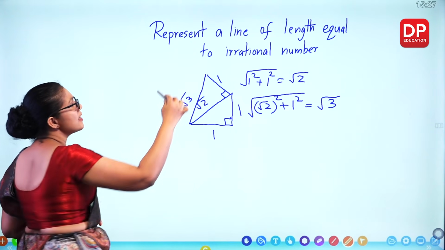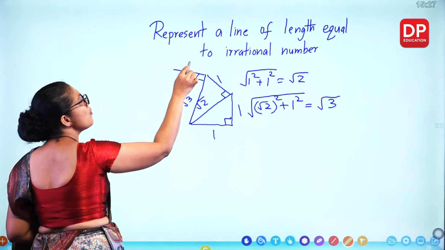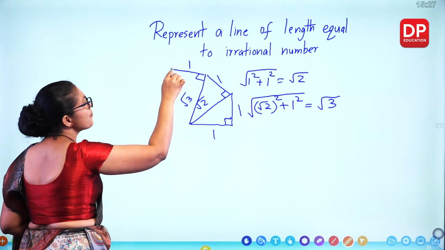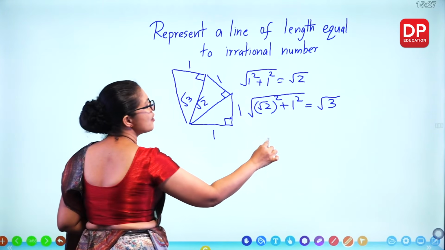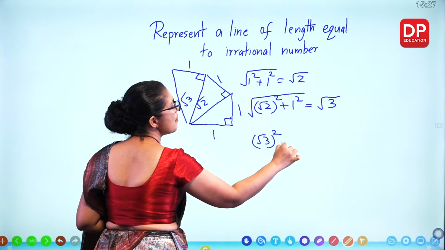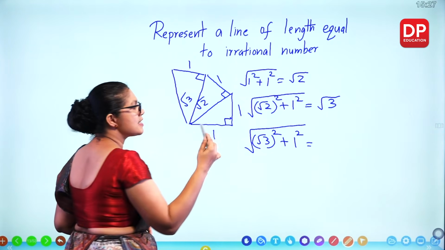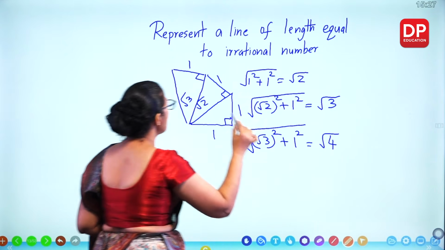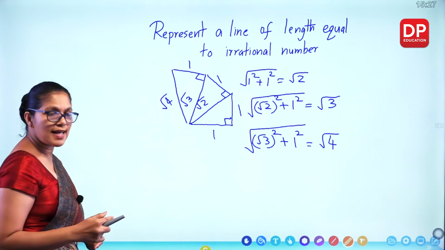What about if I draw a perpendicular line to this with one length again? What am I getting? Again Pythagoras theorem. Root 3 squared plus 1 squared, and take the square root. Root 3 times root 3, 3. 3 plus 1, 4. Square root of 4 is represented using this length.